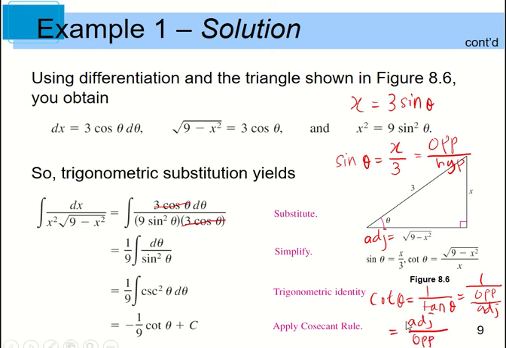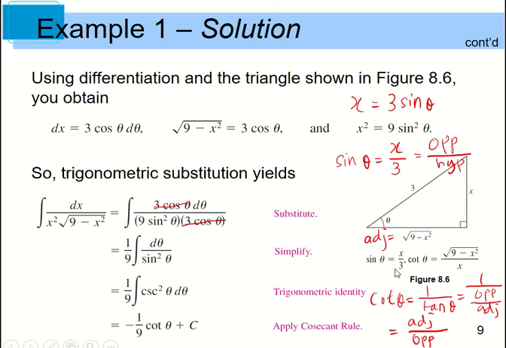So what is the adjacent? The adjacent is the square root of 9 minus x squared. And the opposite is actually the x.